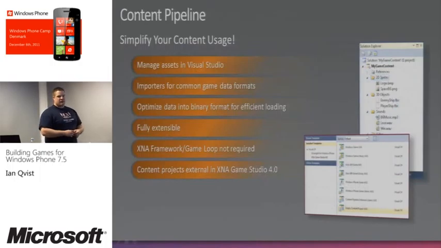Now, I said we'd come back to the content pipeline. The content pipeline manages assets in Visual Studio. It's directly integrated into Visual Studio. It's going to create a content project, where you can drag and drop all your data, for example, images, WAV files, MP3 files.